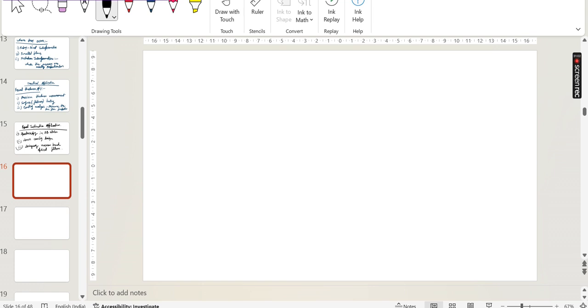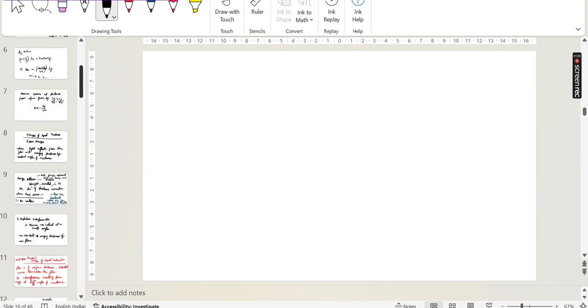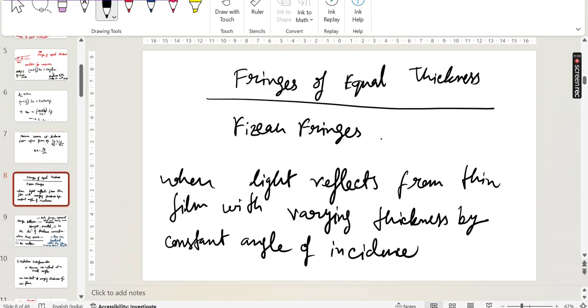So now we can go back. These are basically the properties of fringes of equal thickness and fringes of equal inclination. For fringes of equal thickness, the inclination angle for the thin film or the wedge is the same for each ray, but the thickness they are going through is different.